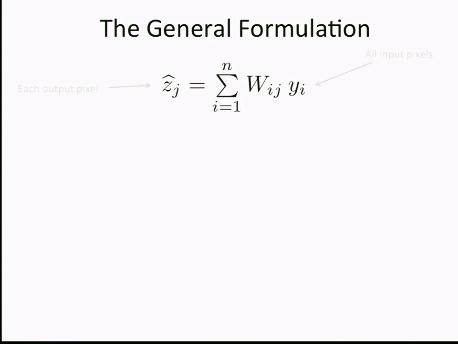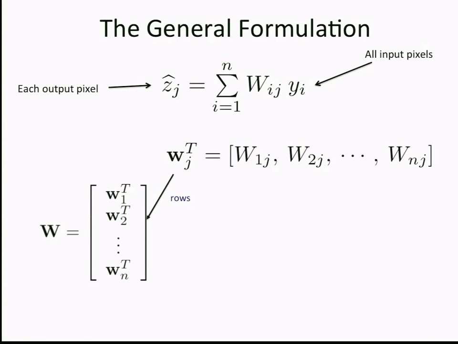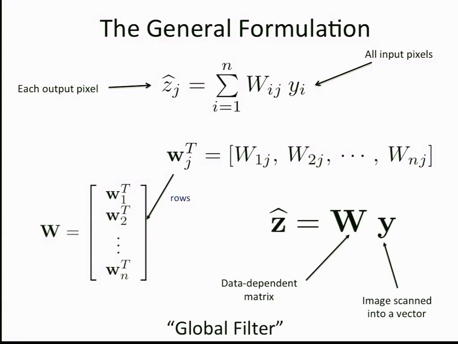Okay, so how do we write this general formulation in a matrix form? Well, if I write this equation for every pixel z_j, what I have is basically a bunch of weights that correspond to a single pixel. I can write all of these weights, I can stack them into a row, and then I can stack these rows into a matrix. And now this matrix W basically captures the relationship completely between the input pixels and the output pixels.